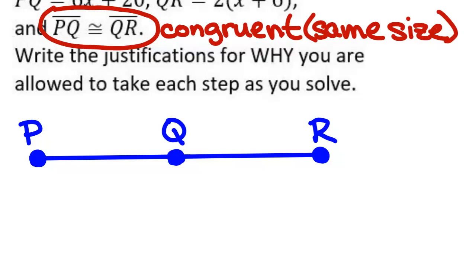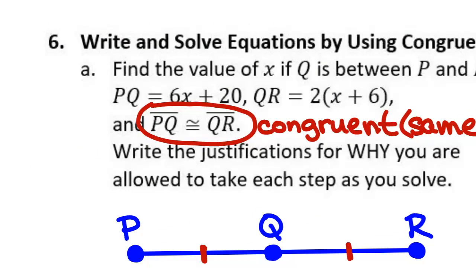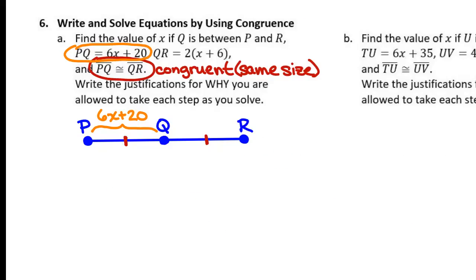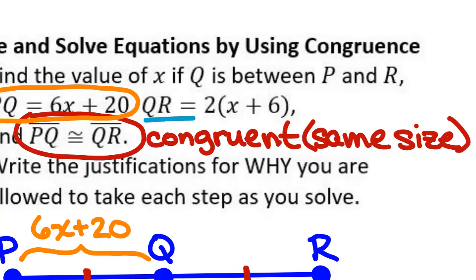So from here to here. So I'm going to put those little slash marks on it showing that they're the same size. PQ and QR are the same size. It tells me that PQ is 6x plus 20. And QR is 2 times x plus 6.